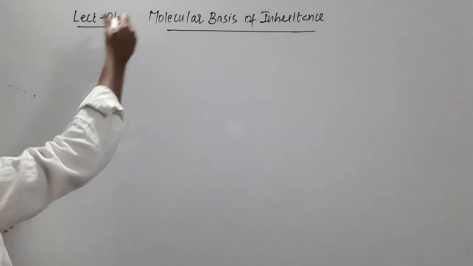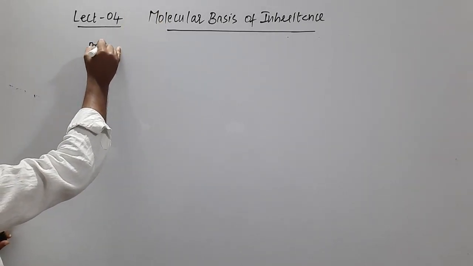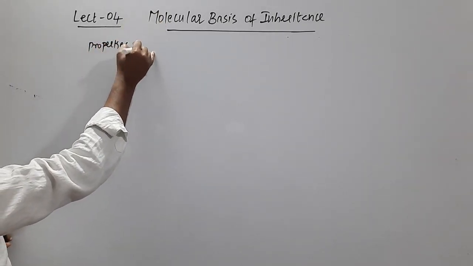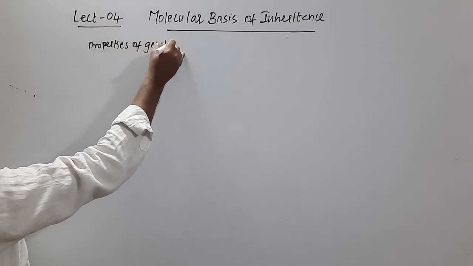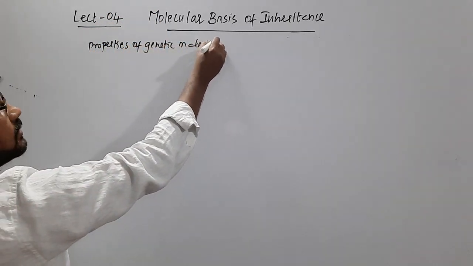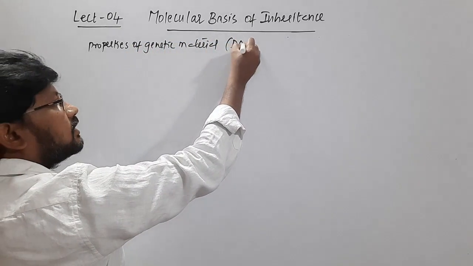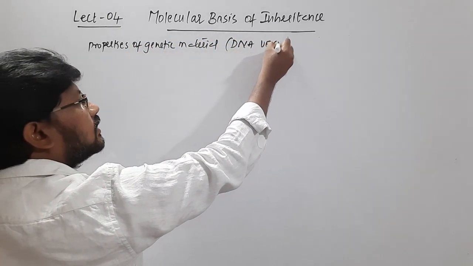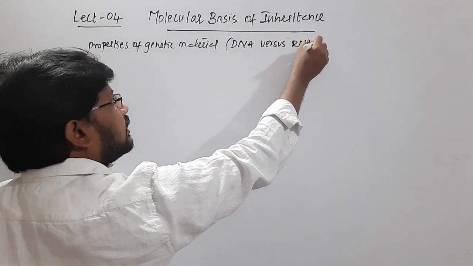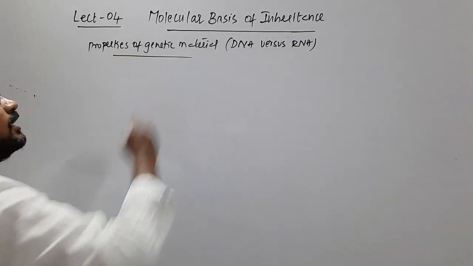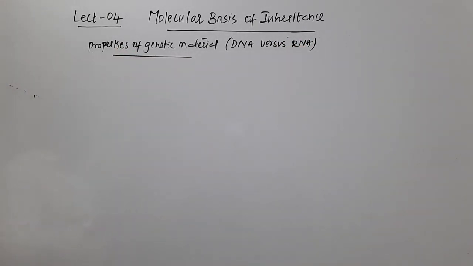Right? So next we'll see the properties of genetic material, where I'm going to discuss DNA versus RNA. In the beginning I already mentioned the properties of genetic material.